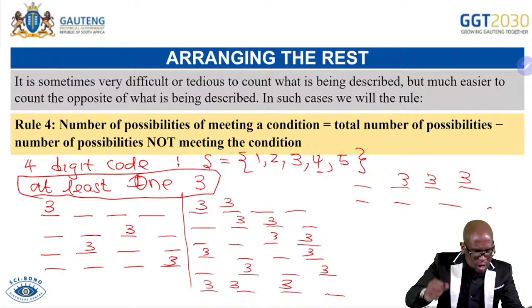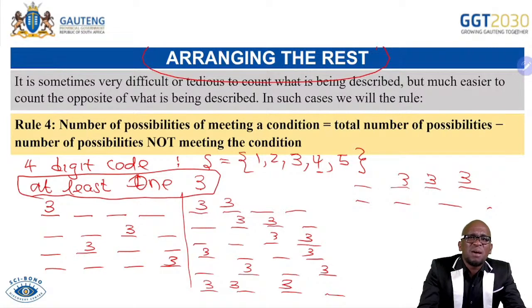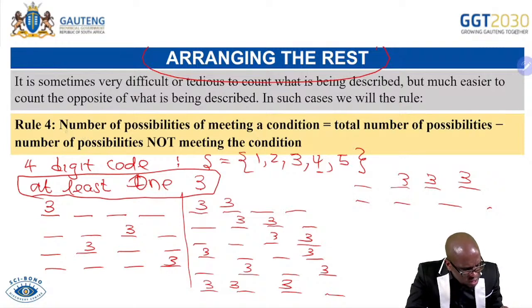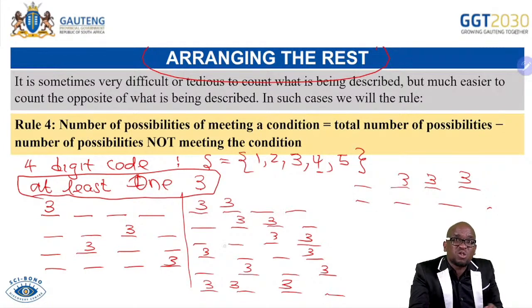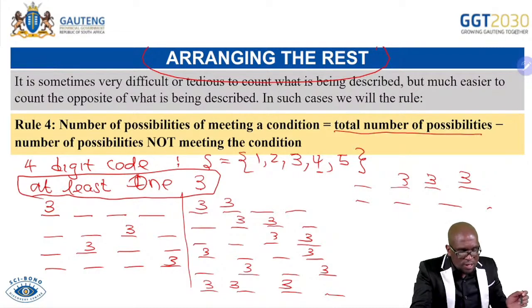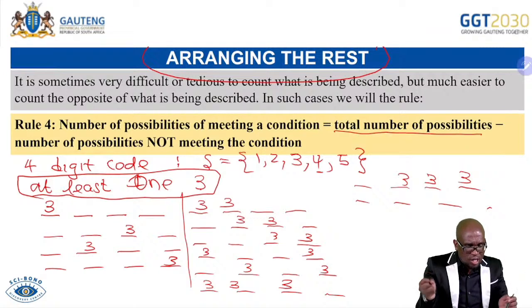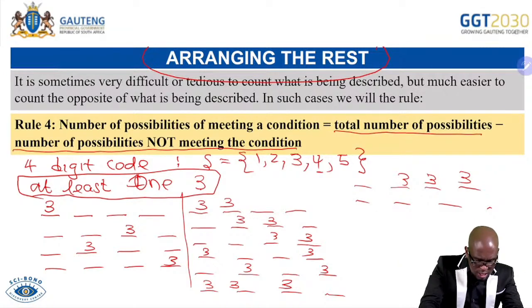At least one 3. For that reason, we are going to be arranging by difference. So we say arranging the rest. Which means we are going to take all possibilities. For this case of these codes, we take the total number of possibilities without restriction, then subtract the total number of possibilities of not meeting a condition.